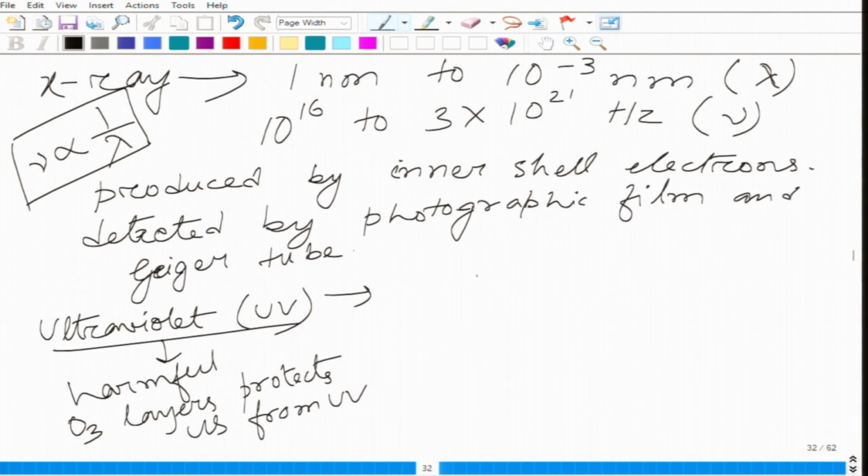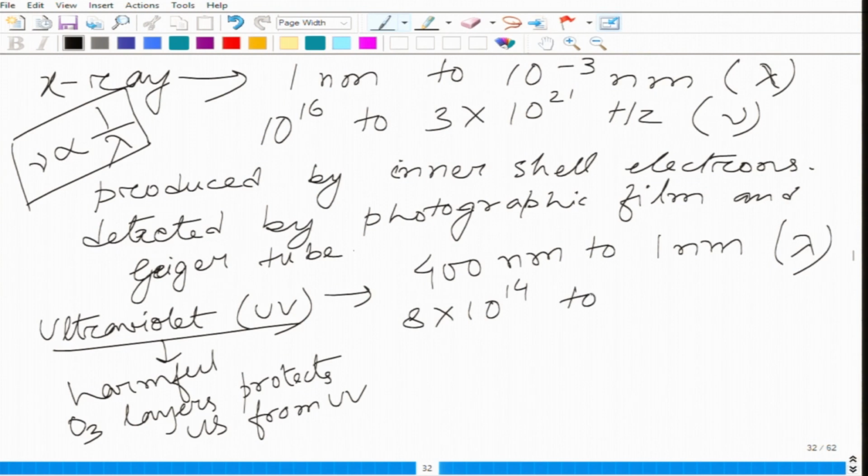So the wavelength of UV is from 400 nanometer to 1 nanometer. This is the wavelength range of UV, and the frequency range is 8 into 10 to the power 14 to 8 into 10 to the power 16 Hz.